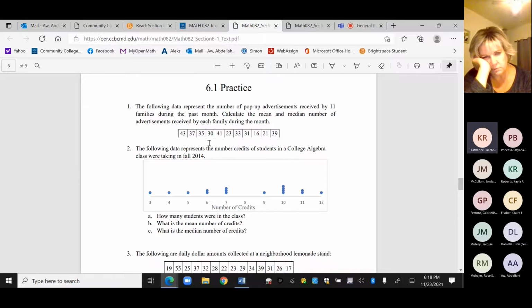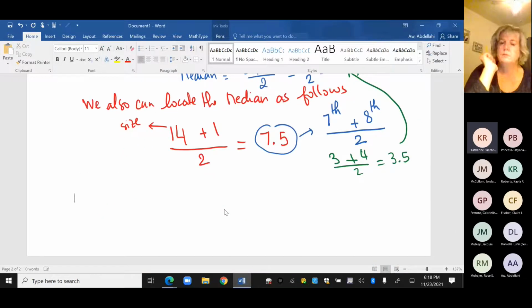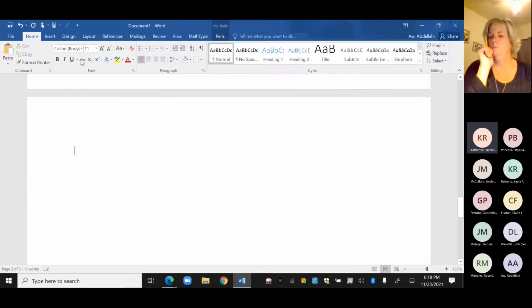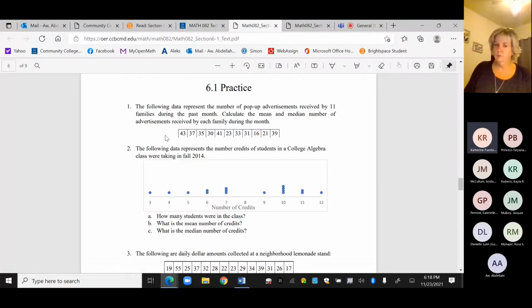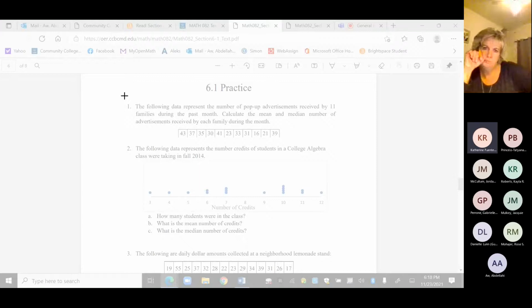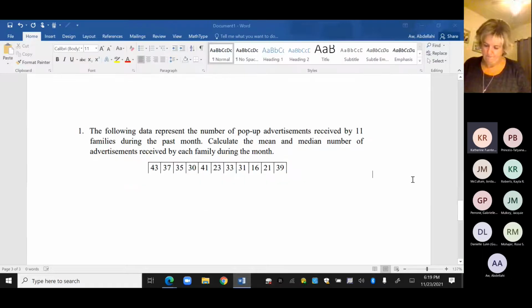Okay, so now let's see an example. We're going to first do an example that is just straight calculations. All right, everybody, try to do this one, please.